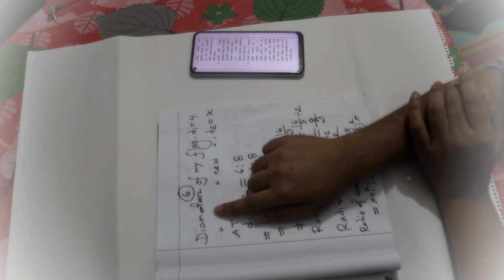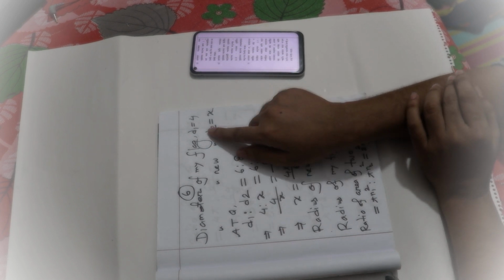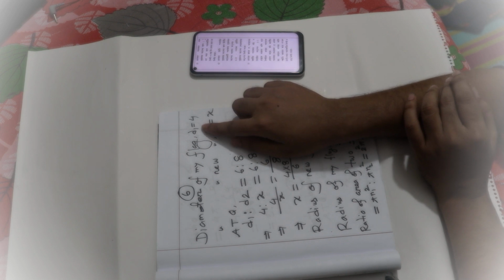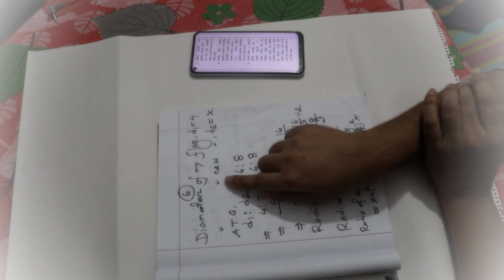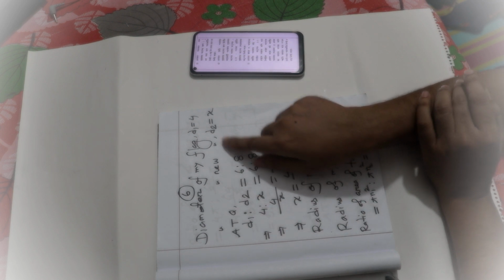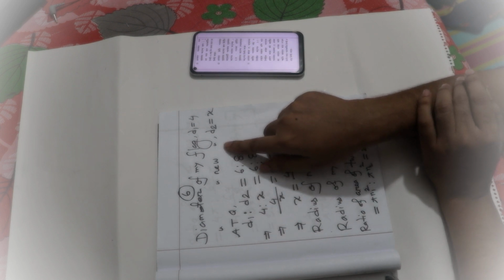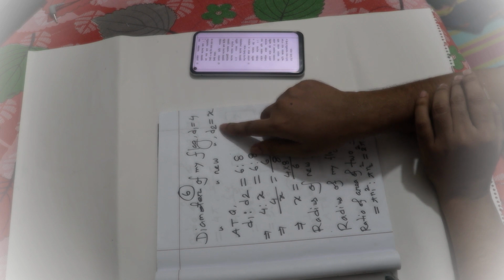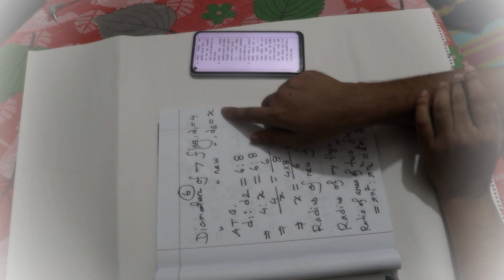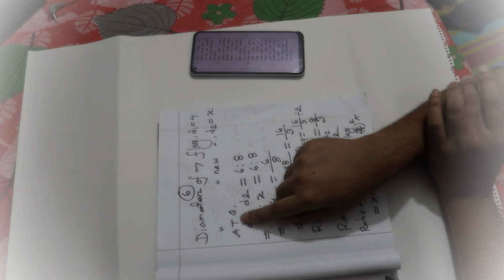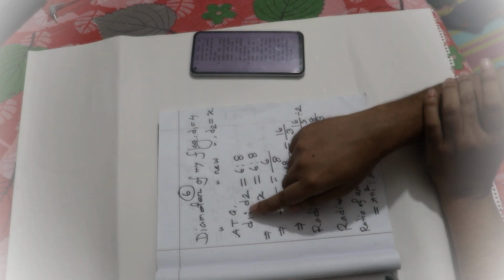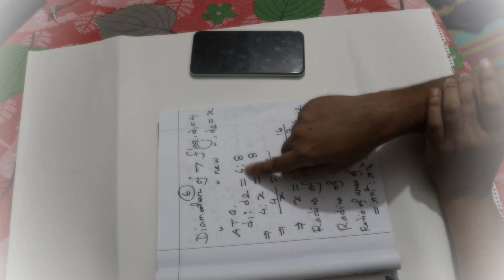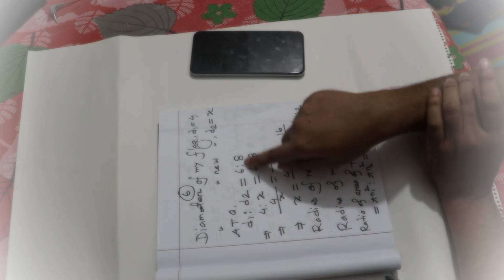Okay, the diameter of my flag I denote by D1, which is 4 units. The diameter of the new flag, that means another flag, denoted by D2, I consider this X. According to the question, the ratio is given, so D1 ratio D2 equals 6:8.